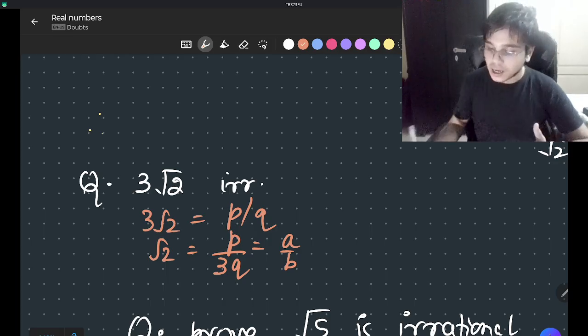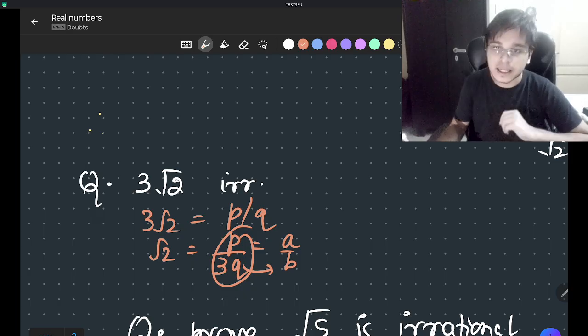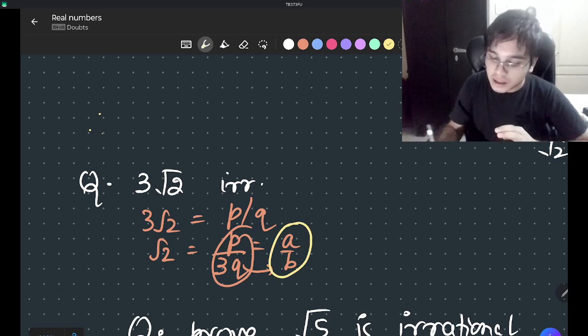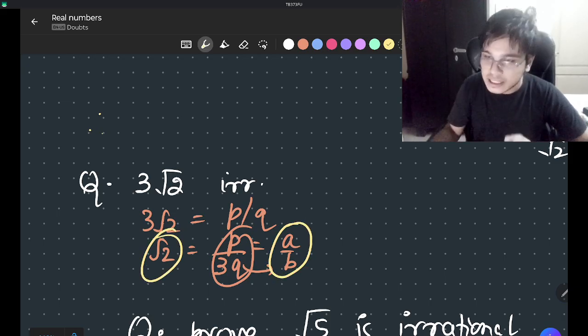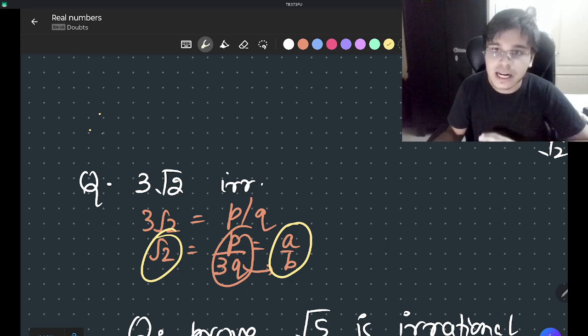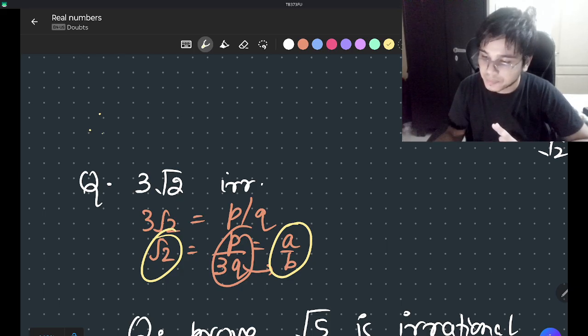Say on simplifying p by 3q, I get some a by b. Again, this is a rational number, this is an irrational number. LHS not equal to RHS. LHS is an irrational number, RHS is a rational number. Therefore our assumption is wrong, and 3 root 2 cannot be rational, therefore it's an irrational number.